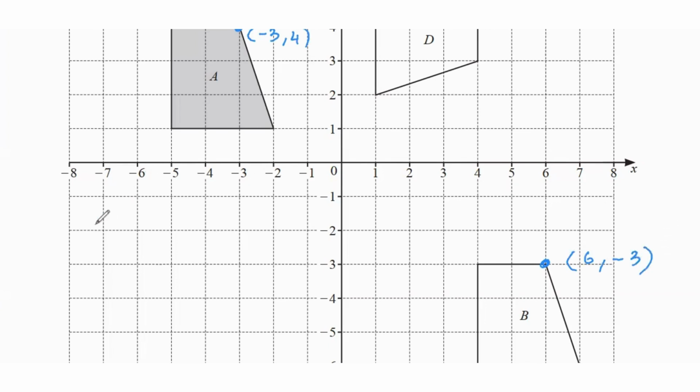So if we compare it, -3 and 4 is going to 6 and -3. So to go from -3 to 6, you're clearly adding 9. And to go from 4 to -3, you're subtracting 7.